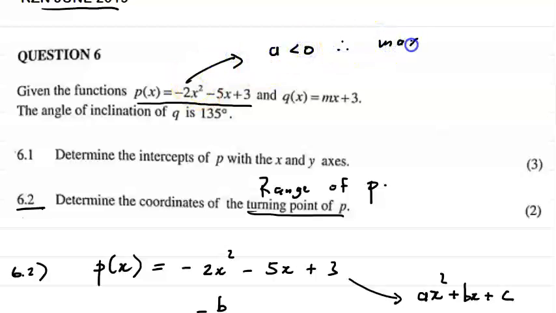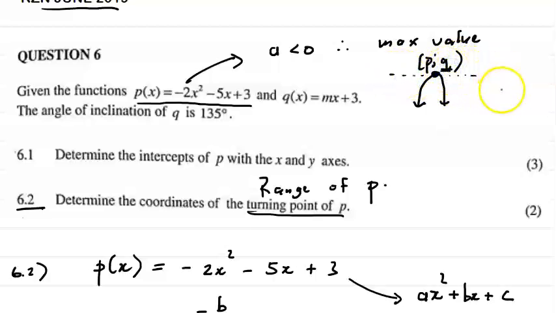Therefore, we are going to have a maximum value. Therefore, the turning point is going to be there. So the coordinates of my turning point will be there. So therefore, the range of this particular function, remember, this graph will only exist below that y value.